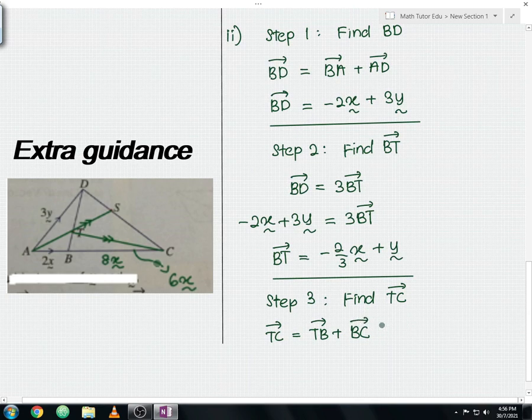We have already found vector BT, but over here it is vector TB. How to find vector TB is very simple, guys. TB is actually the opposite of vector BT. So to find your vector TC, it will be equal to 2 over 3 x, and then you minus y.